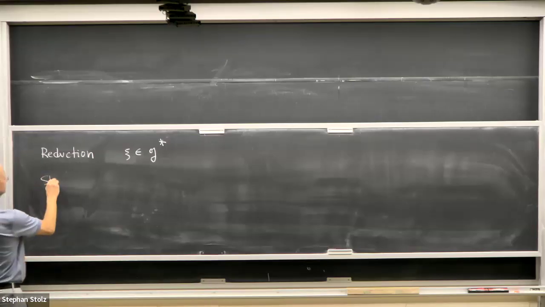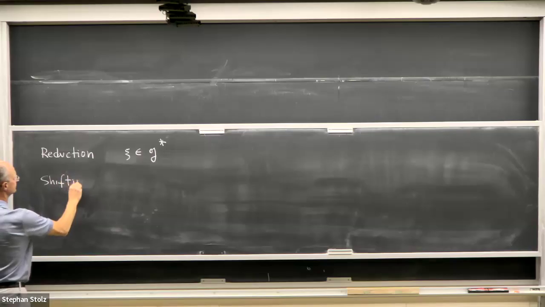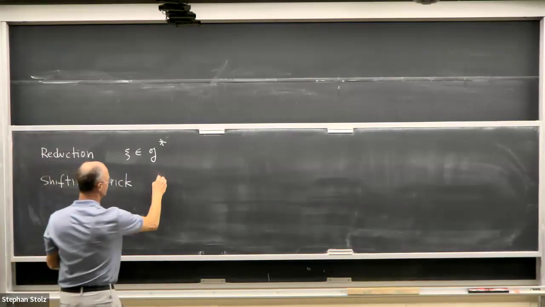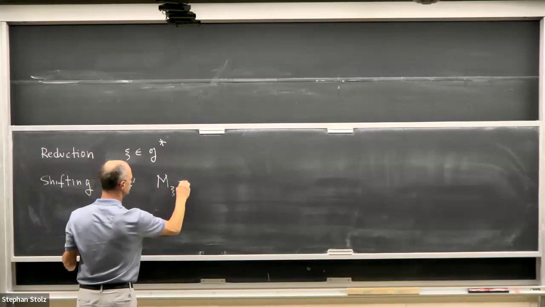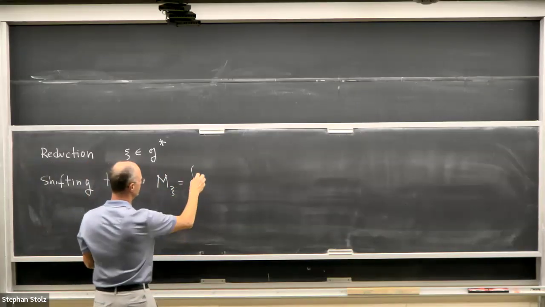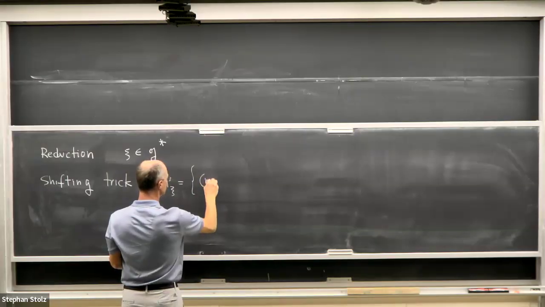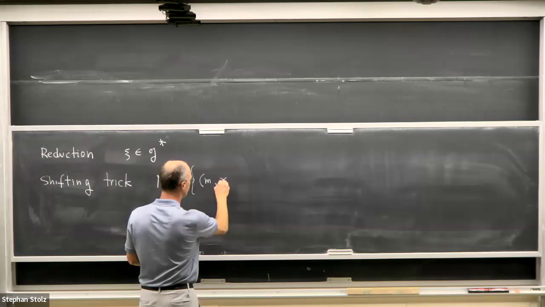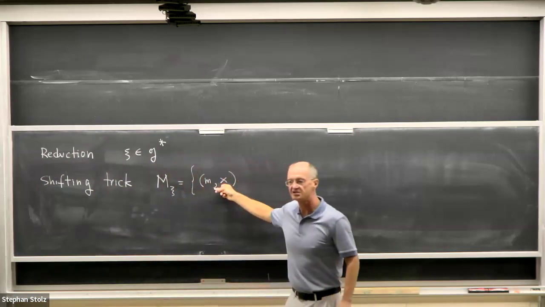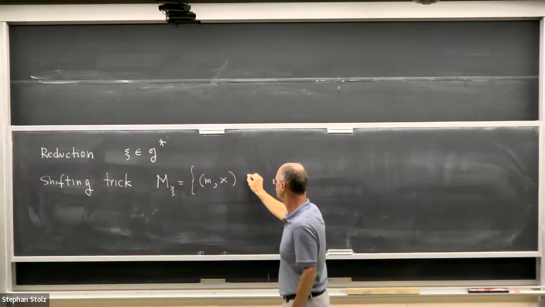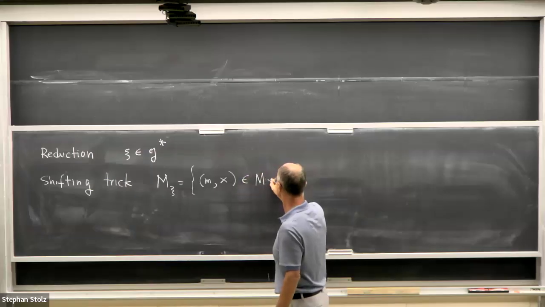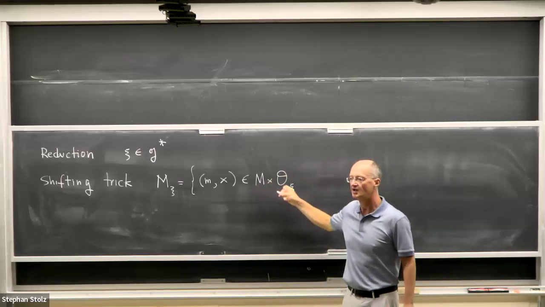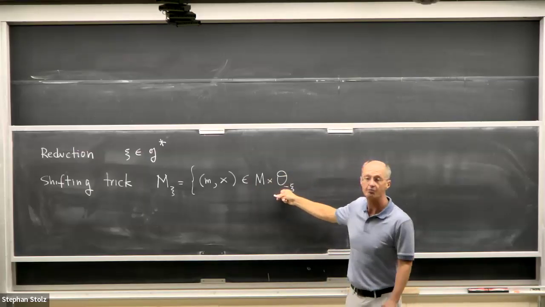It's called the shifting trick. So this M psi is defined like this. We consider pairs of a point on M and a point in some other space that I will now describe. So you consider points in the product M cross some coadjoint orbit.